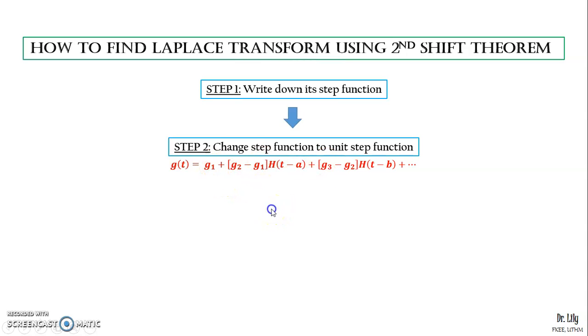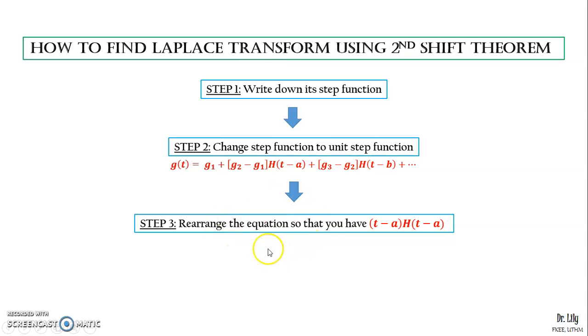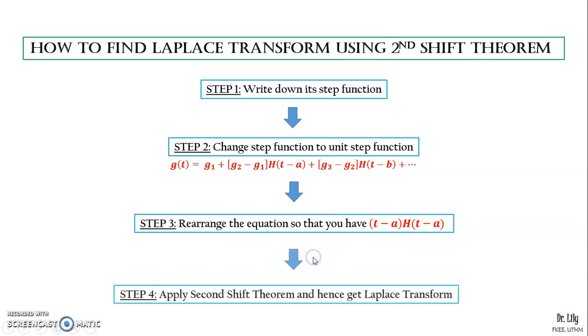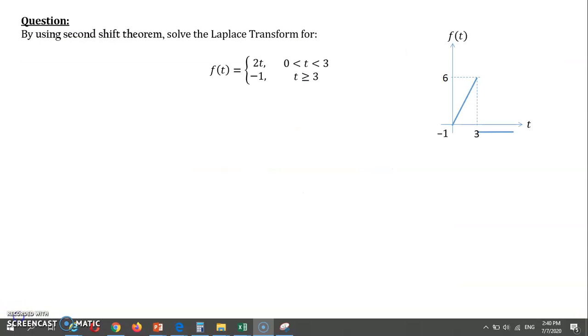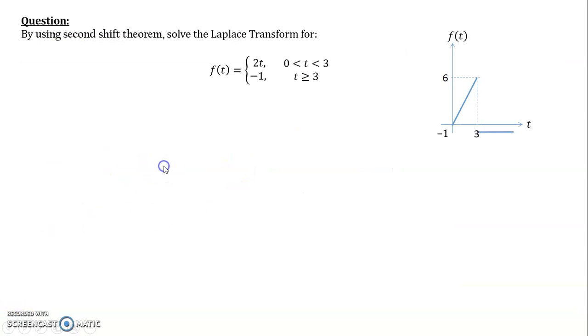Okay. Then, step number 3, you need to rearrange the equation so that you have in term of t minus a, h t minus a. Okay, and then lastly, you need to apply the second shift theorem, and then you are able to apply the Laplace transform.